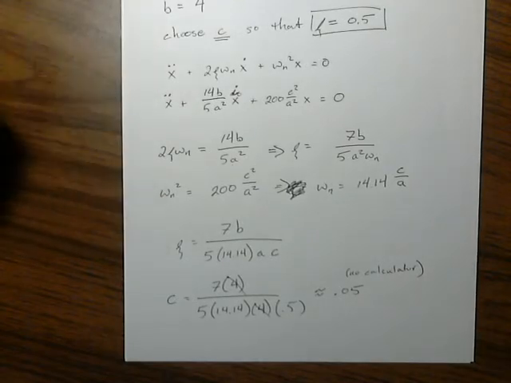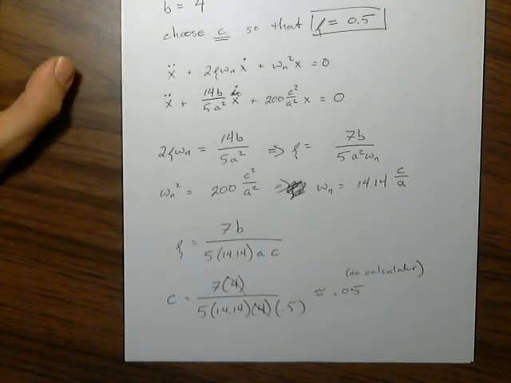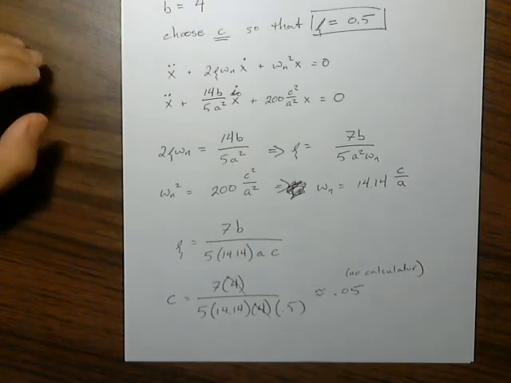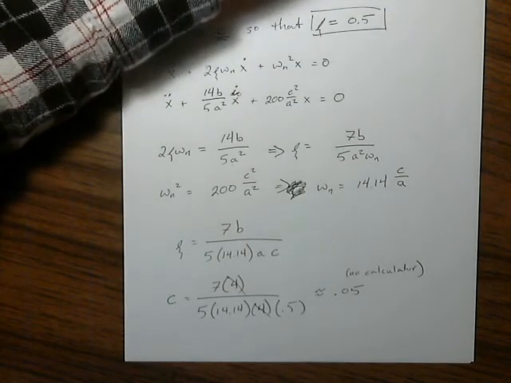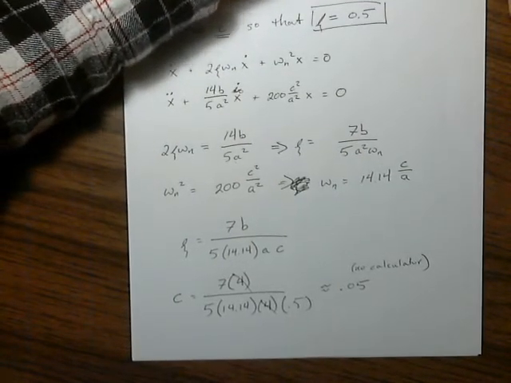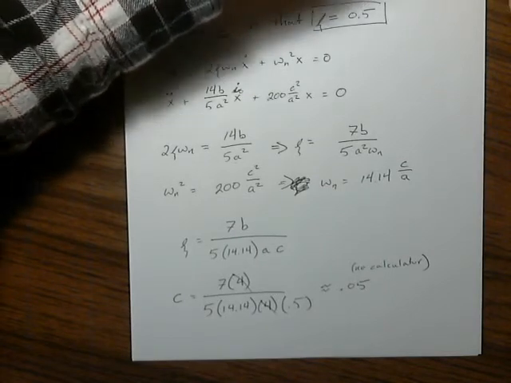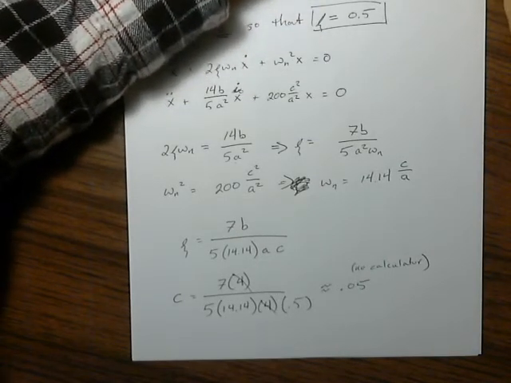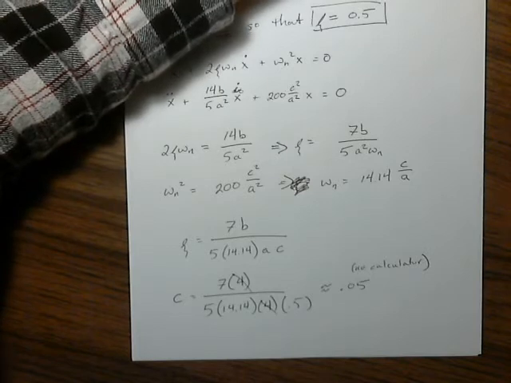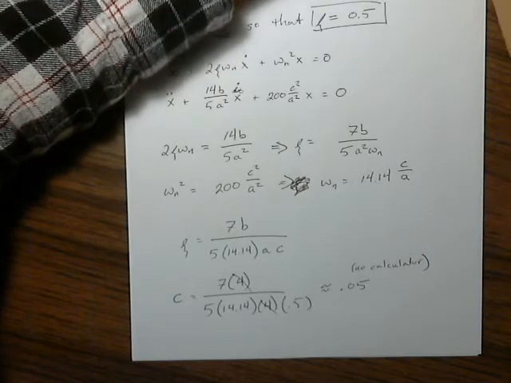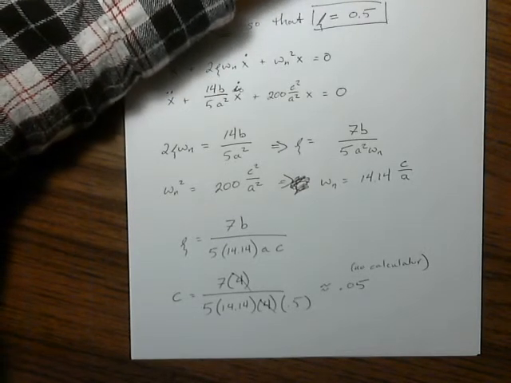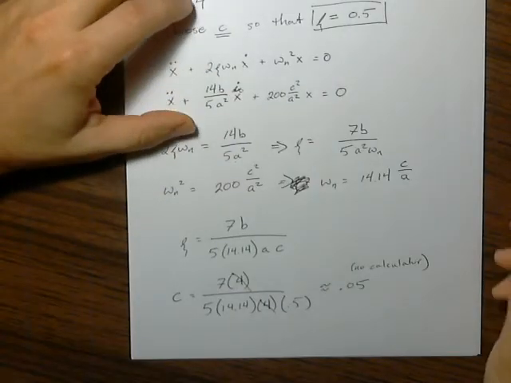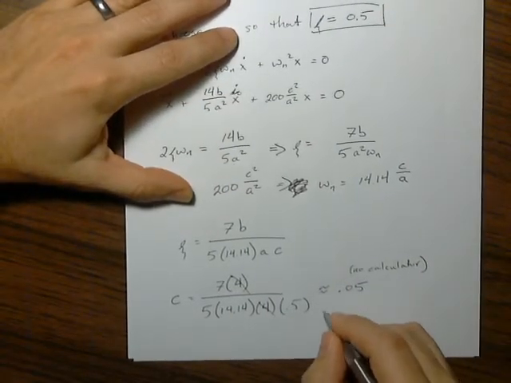All right, let's see how I do with the calculator. So that's 7. Oh, we'll do it the long way. 7 times 4 divided by 5 times 14.14 times 4 times 0.5. Oops.